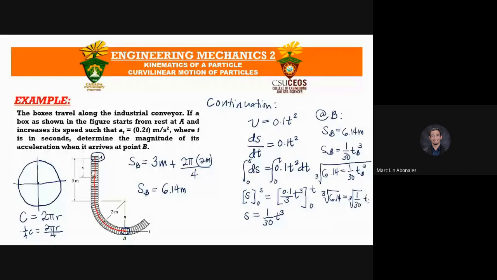Okay? To simplify, so that it is not confusing, let's just multiply the 30 by 6.14 first.